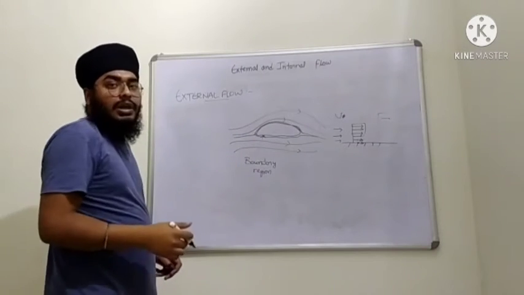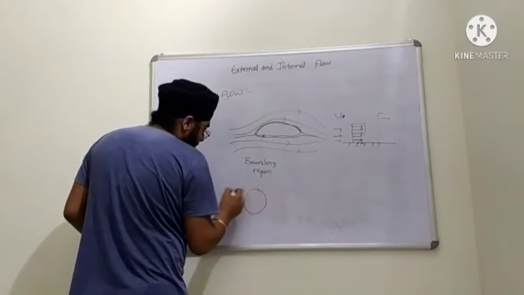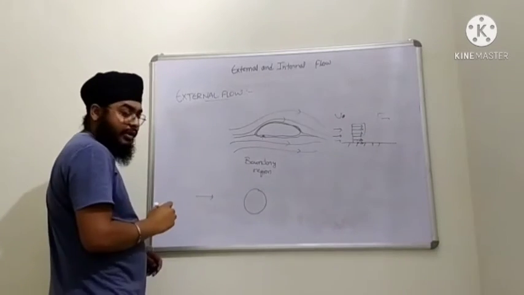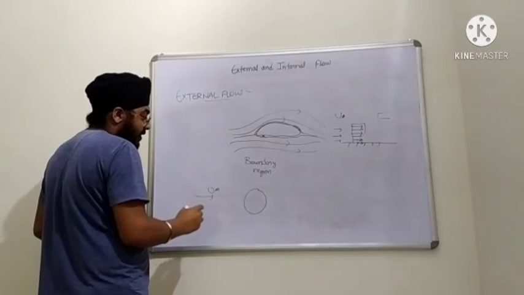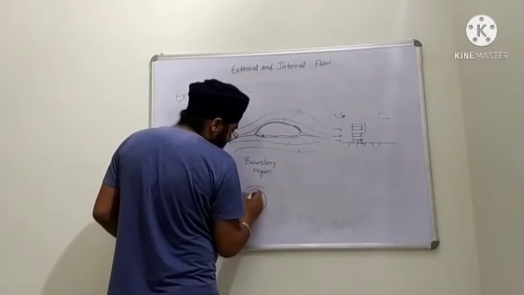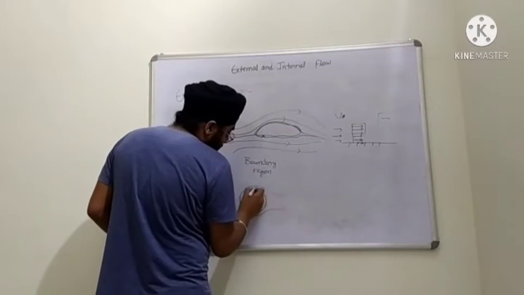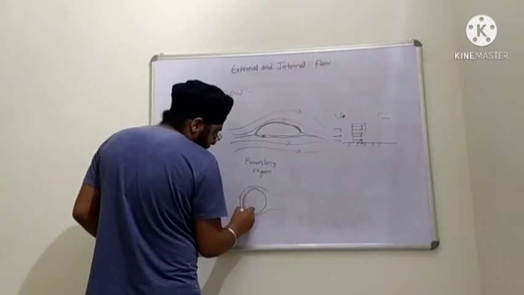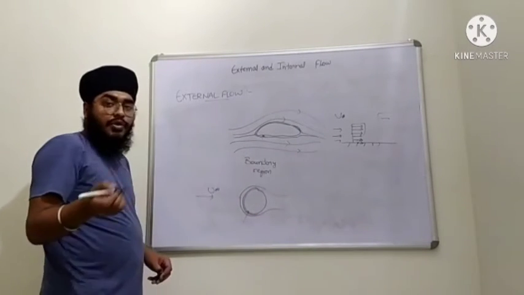These are some other examples of external flow. We can take a cylinder with fluid flowing at the free stream velocity, and the flow around this cylinder would be something like this. The region just outside the body is the boundary layer.